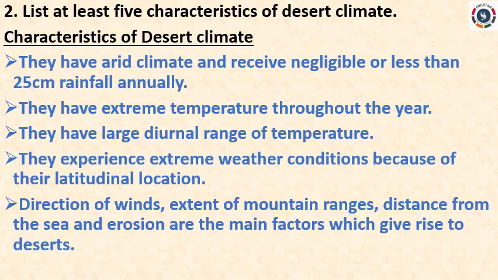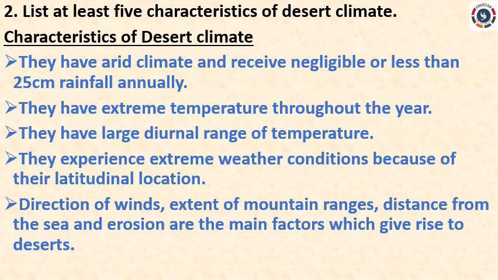Second question. List at least 5 characteristics of desert climate. Answer. Characteristics of desert climate. They have arid climate and receive negligible or less than 25 cm rainfall annually. They have extreme temperature throughout the year.